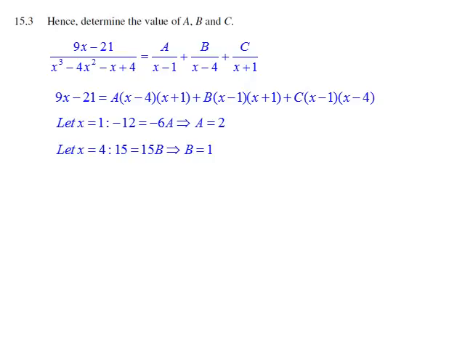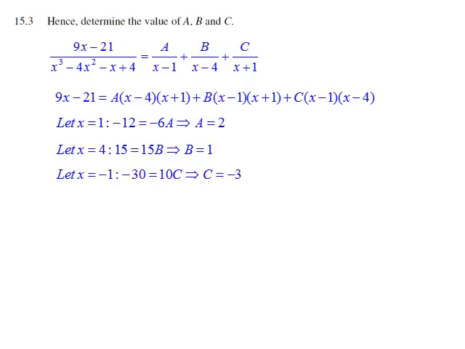If I now let x equal 4 and substitute that on my left-hand side, it will give me 36 minus 21, which is 15. If I substitute it on the right-hand side, the A term and the C term will become 0, and I will end up with 15B, which implies that B is equal to 1.